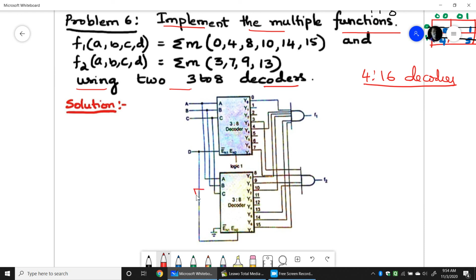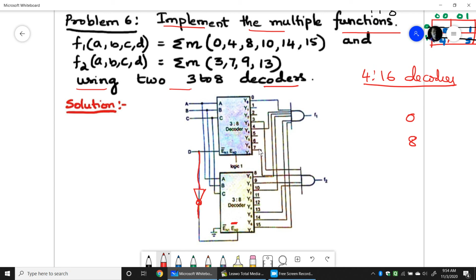There should be a NOT gate connected here. They have missed the NOT gate here, and this is the enable. So for the first 0 to 7 values this will be enabled, and that will be the output taken out.